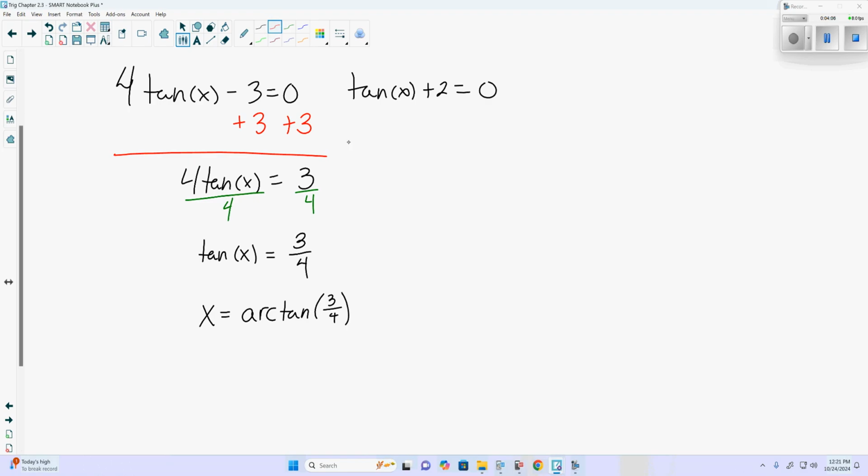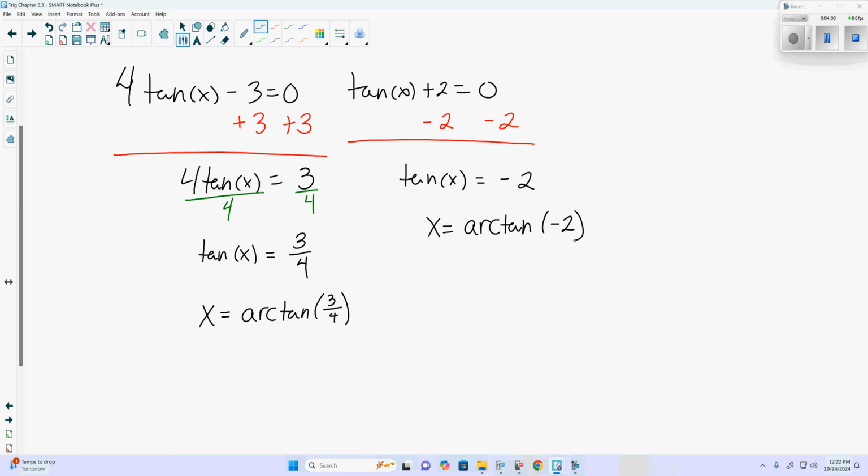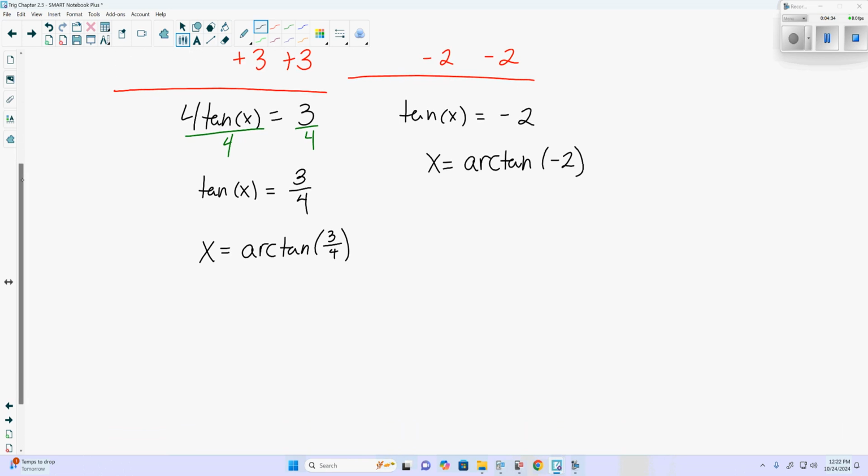The other equation. First thing we would need to do is subtract 2 from both sides, telling us that tangent of x is equal to negative 2. We can take tangent inverse, or our arctan of both sides, telling us that x is equal to arctangent of negative 2. Now, part of the reason that we did the arctangent for this here is that negative 2 and 3/4 are not on the unit circle.